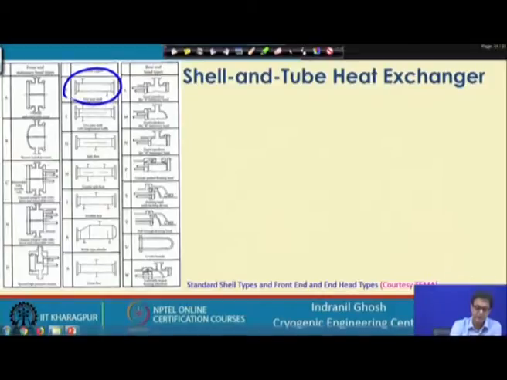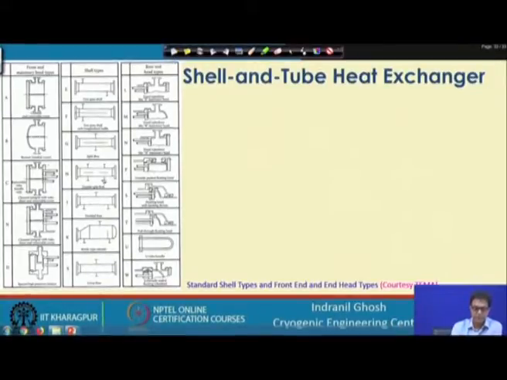So, this is an E type of shell, for example. If you look, this is E and this is a one pass shell, that means this will come here and move out like this. This is a two pass, so it will come like this and then it will be coming like this. Here this is the split flow, and that is coming inside, getting distributed and then rejoining and coming out like that.